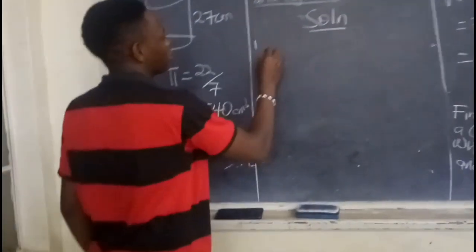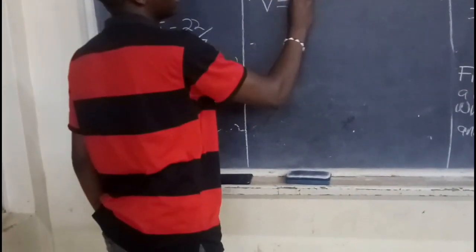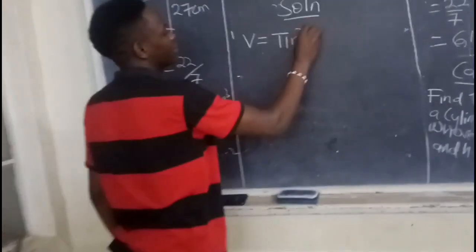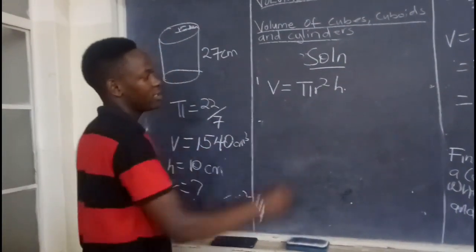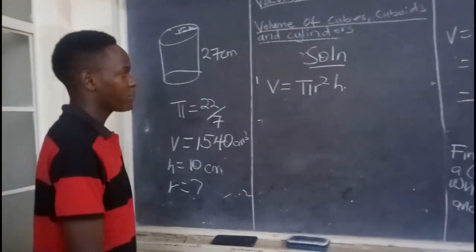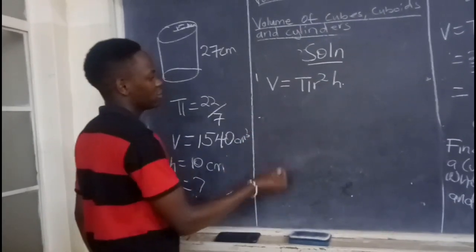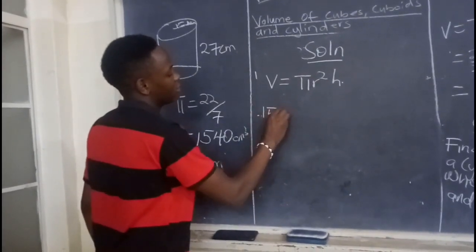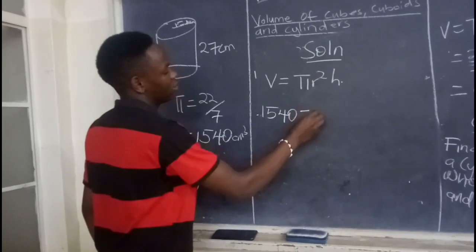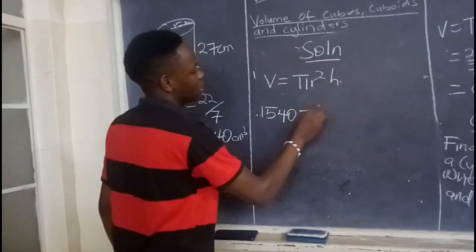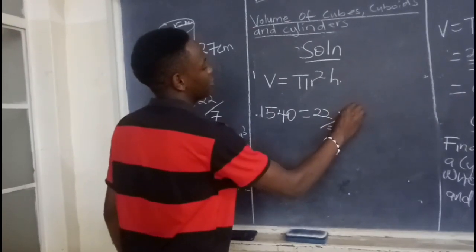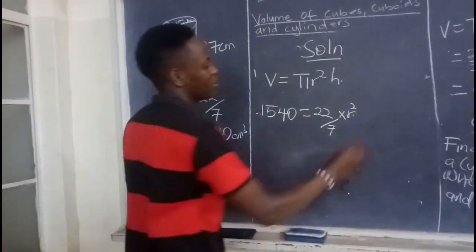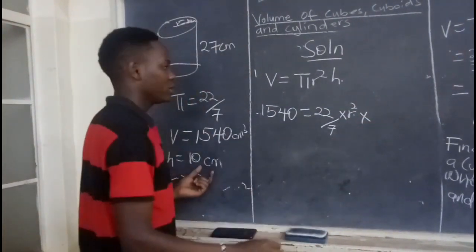From our formula, volume is equal to pi r squared multiplied by height. So replacing the variables that we have, 1540 is equal to pi, which is 22/7, multiplied by r squared, we don't have the value of r, multiplied by height, which is 10.